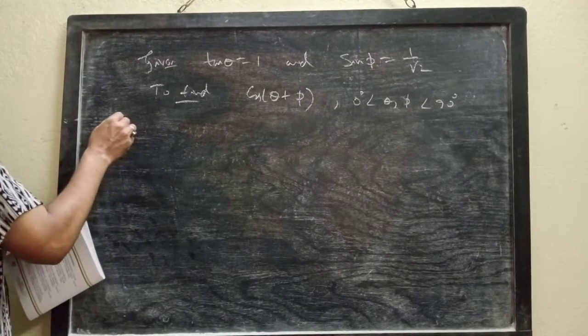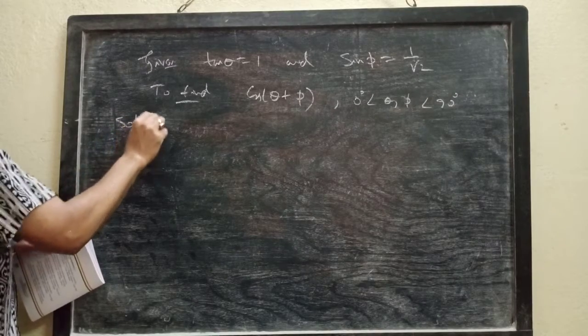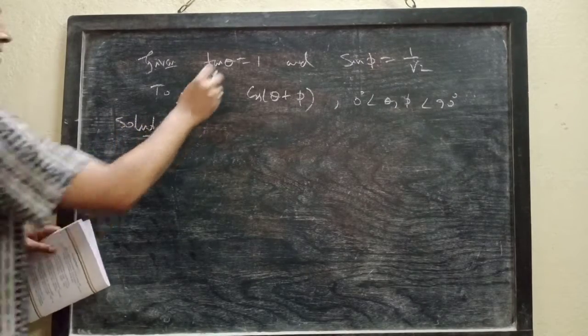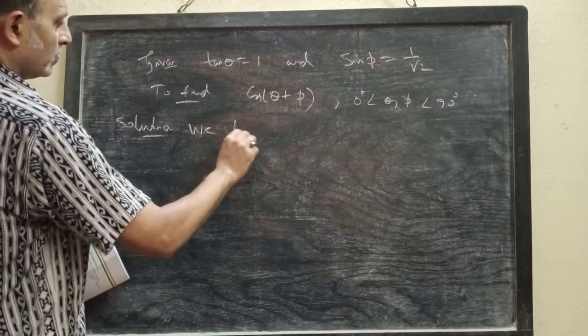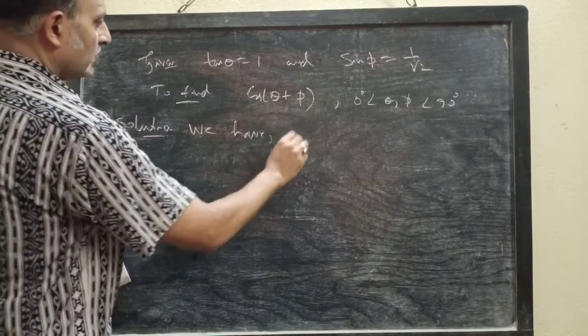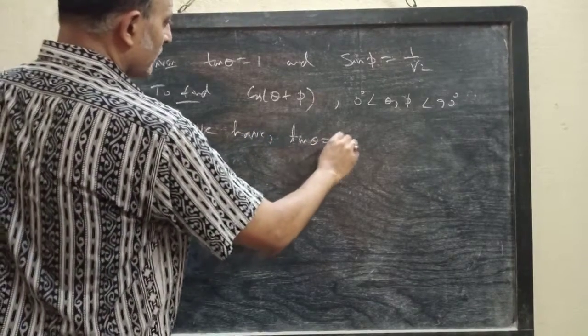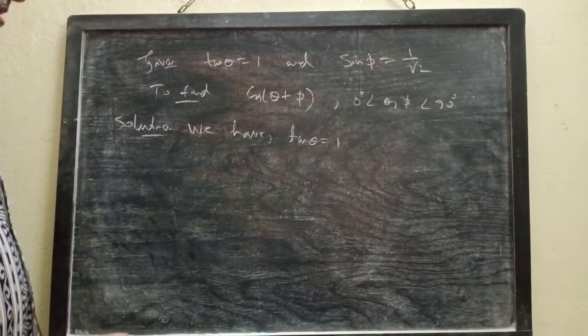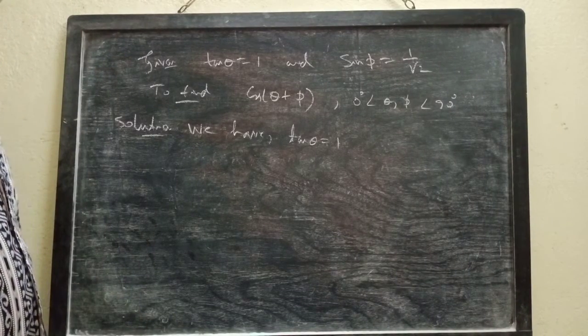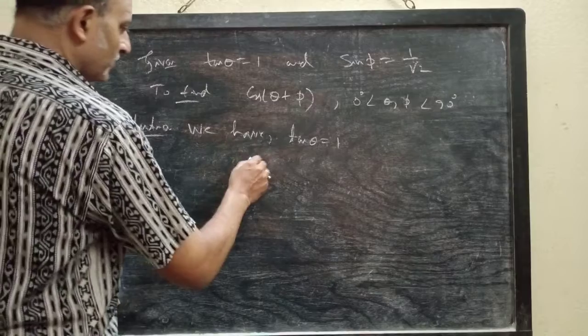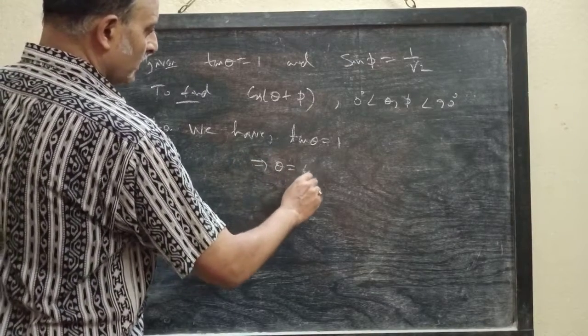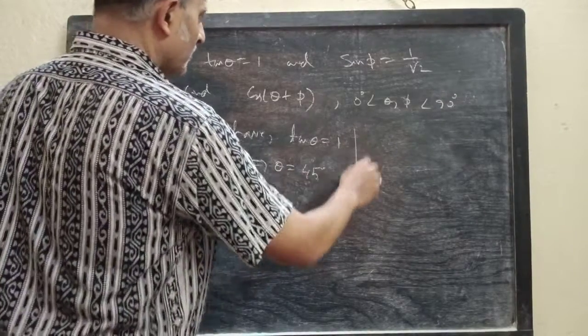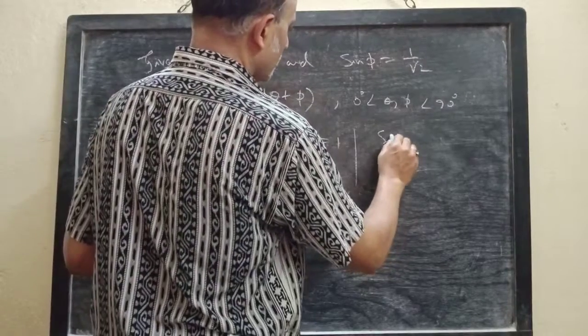Solution. We have tan theta equals to 1, and from the table you know only for 45 degree tangent becomes 1. So from this we get theta is 45 degree. We have sin phi equals to 1 by root 2.